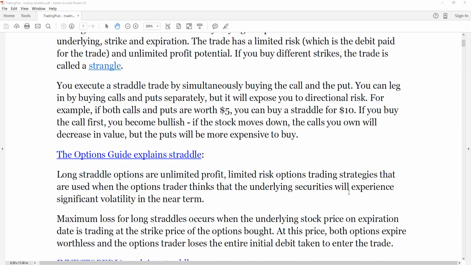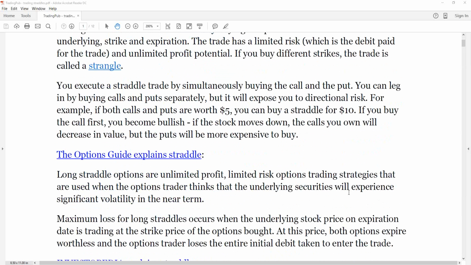Now you can leg in by buying calls and puts separately, but it will expose you to directional risk. So most of the time, I don't recommend doing it. For example, if both calls and puts are worth $5, you can buy the straddle for $10. And if you buy the call first, you basically become directional, you become bullish. So if the stock moves down, the calls you own will decrease in value, but the puts will be more expensive to buy.